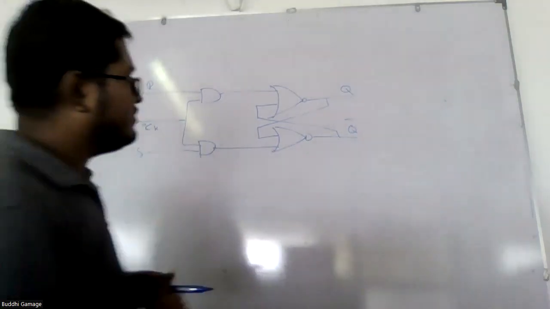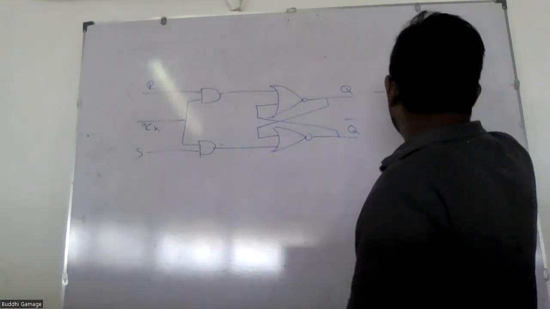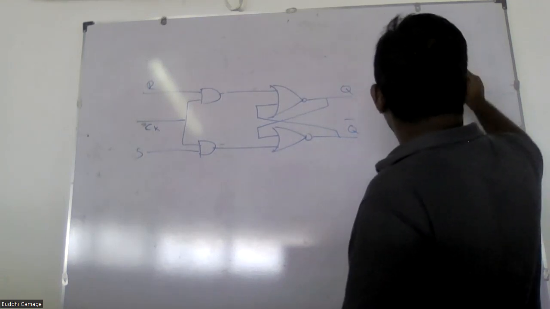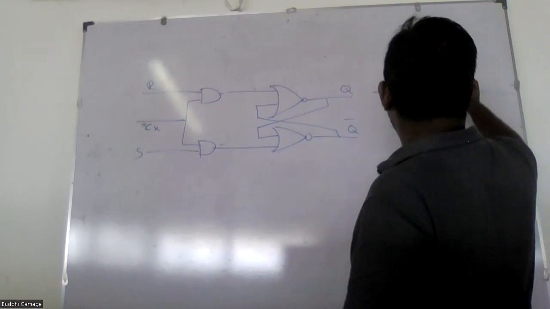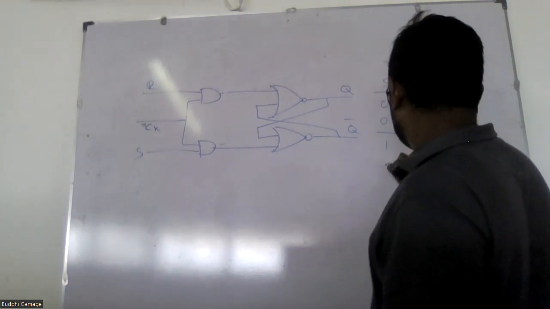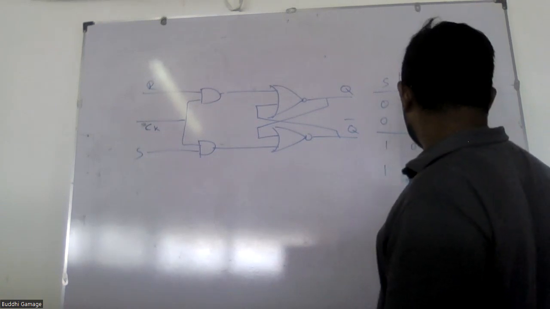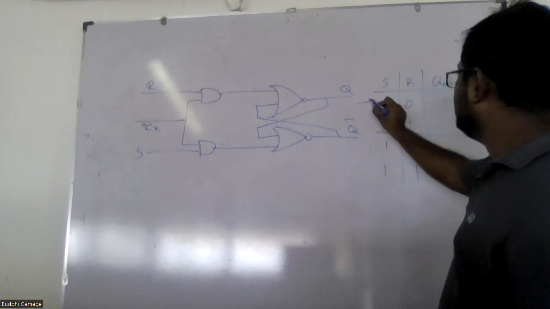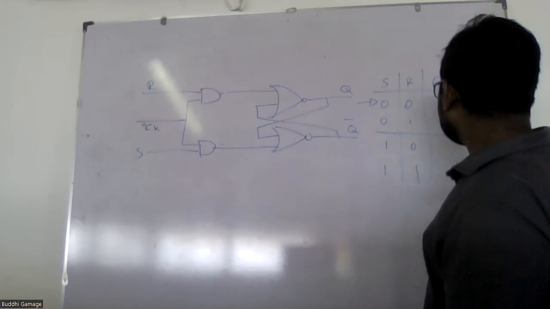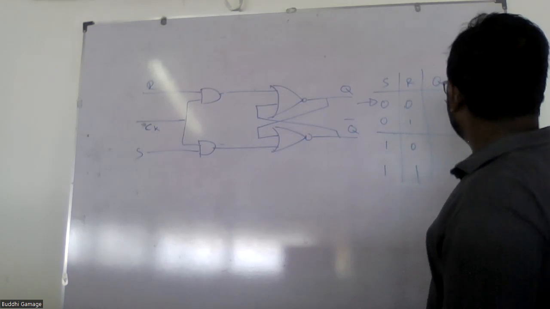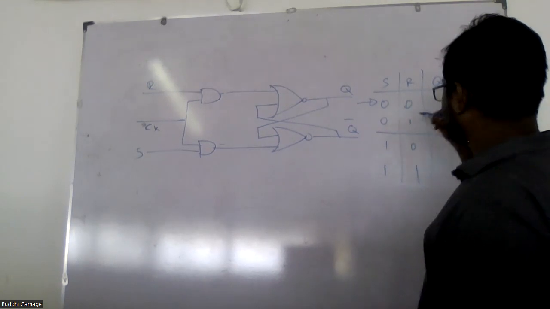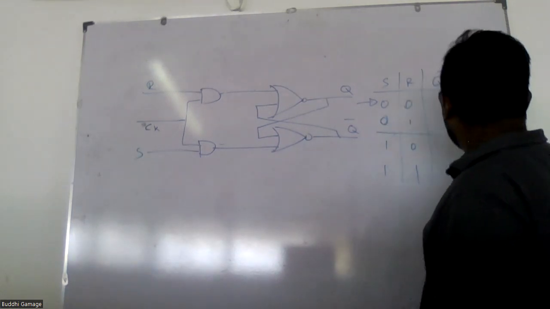This is the SR flip-flop, and the truth table has S, R, and Q(n+1), which means the next state. So 0 0, 0 1, 1 0, 1 1. The first state, as you remember, is the no change state, and this one is for reset, which sets the output to 0.